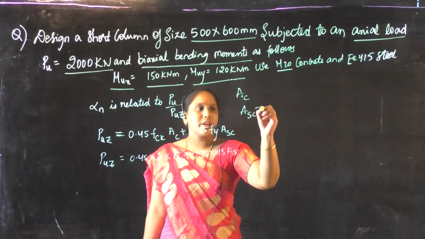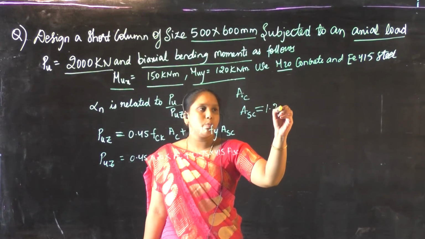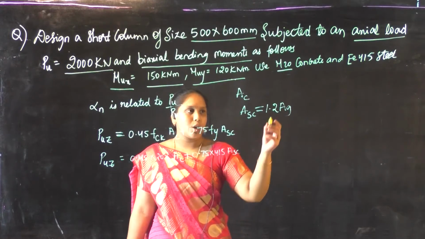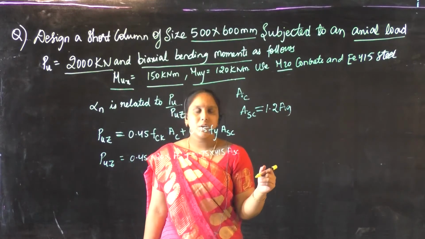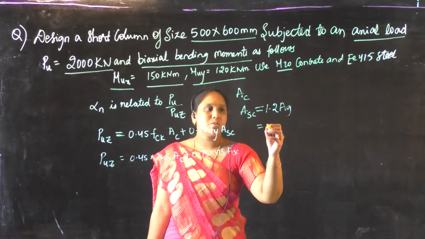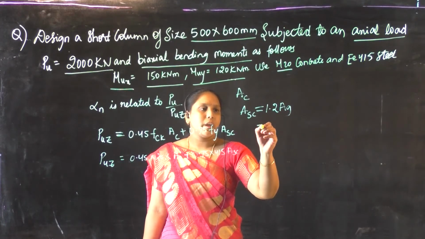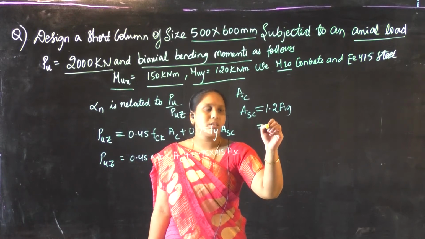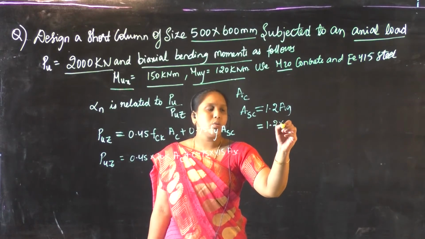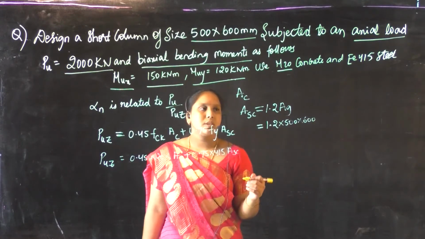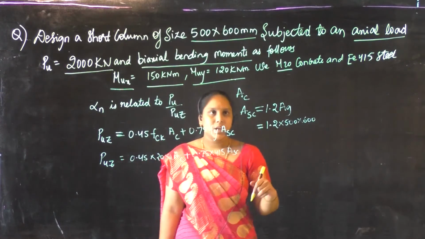ASC we have taken as 1.2% of the gross sectional area of the column, that is 1.2% of AG. So from this we can calculate the ASC value. So how much will be the ASC? 1.2% of 500 into 600 will be our ASC.